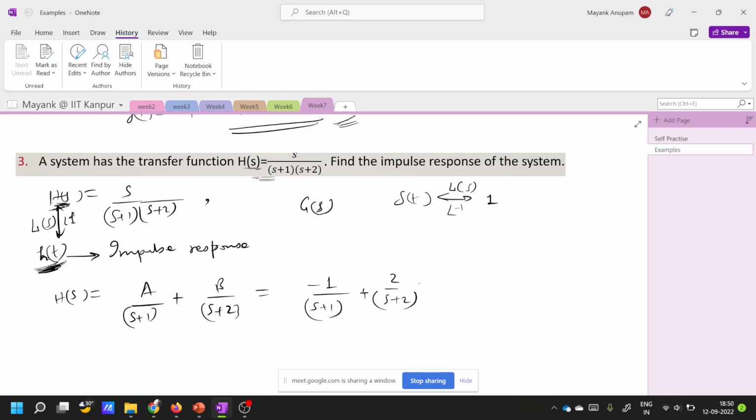Yes, it is right. Now what will be the Laplace inverse of this? Minus 1 into e to the power minus t u of t, plus 2 into e to the power minus 2t u of t.